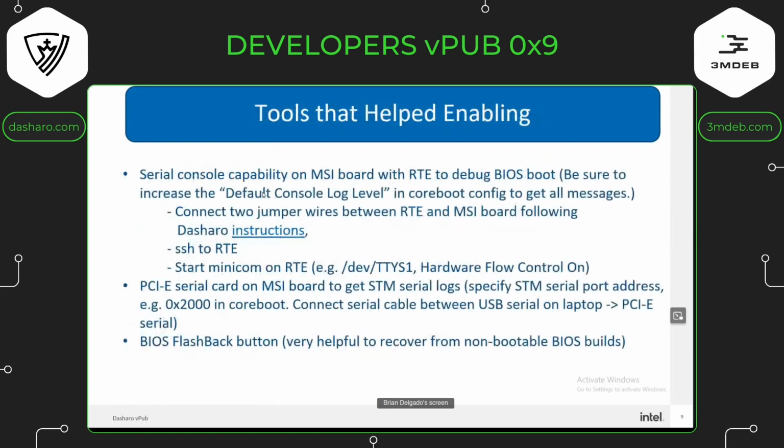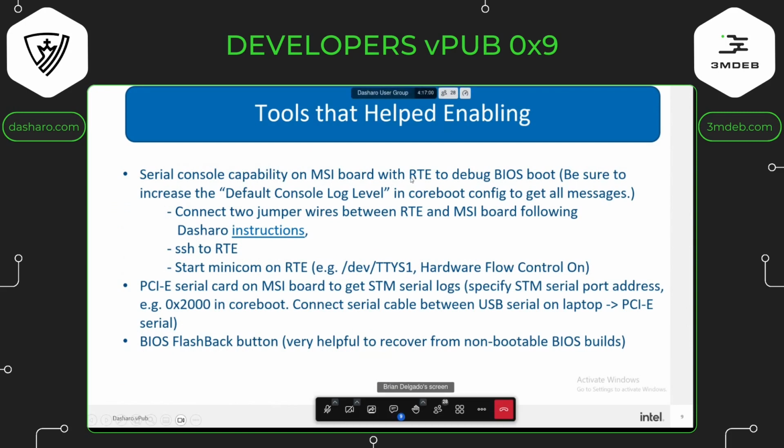Along the way, it was helpful to have that BIOS serial output capability on the MSI board, and interfacing that with the RTE was super useful. After you bump up the amount of serial logging that coreboot is doing, you get a real heavy flow of BIOS logs coming out.